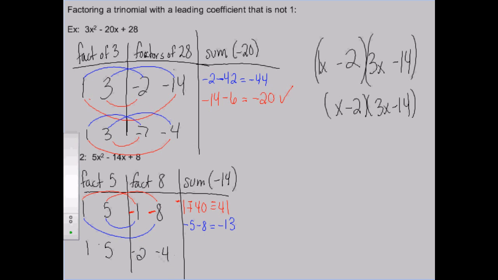So I come in and I do 1 times negative 2 and 5 times negative 4, and I get negative 2 minus 20, which is negative 22, which is not correct. So then I do 1 times negative 4 and 5 times negative 2, and I get negative 4 and negative 10, which gives me my negative 14, which is what I want.